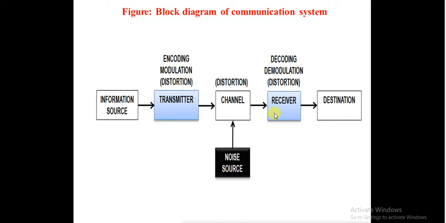Demodulation means the opposite of modulation. Modulation means converting the low frequency signal to high frequency signal, so demodulation means converting the high frequency signal into the low frequency signal. But again, there is a chance that distortion or undesirable change may occur in the information signal.